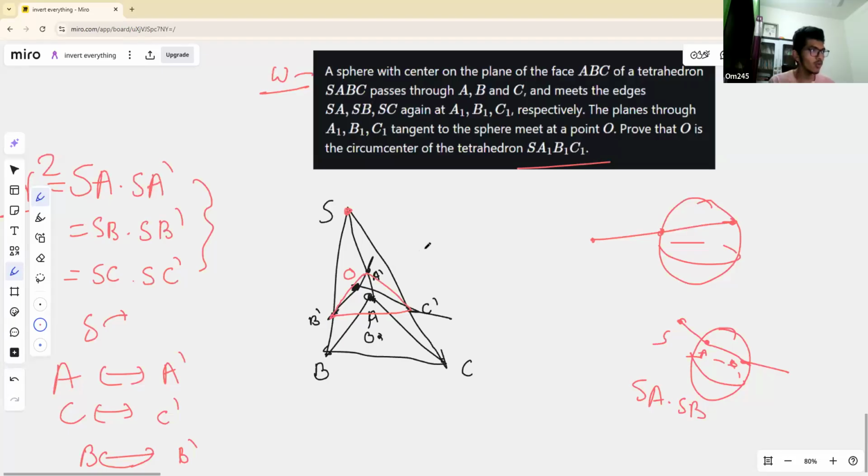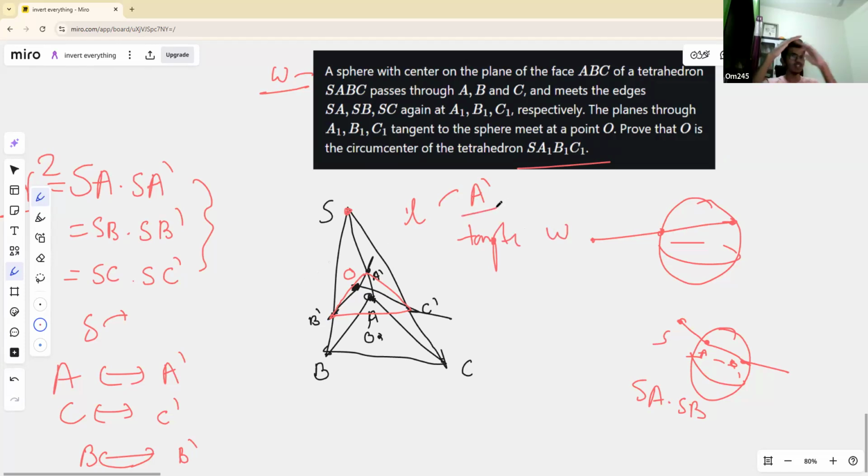So let's start one by one. Consider a plane, call it lambda. Lambda is a plane passing through A dash, which is tangent to omega at A dash.